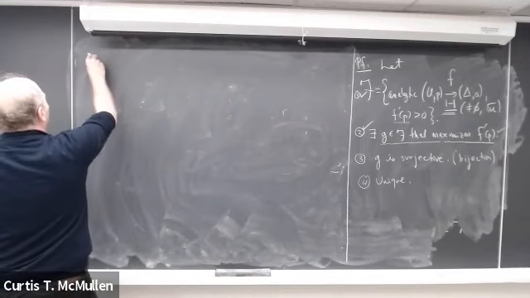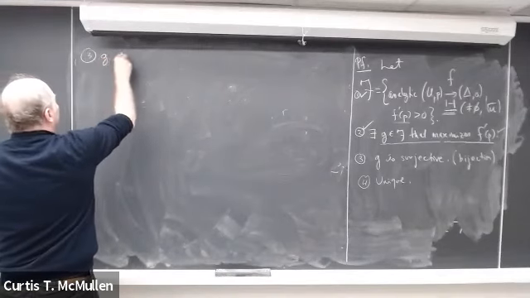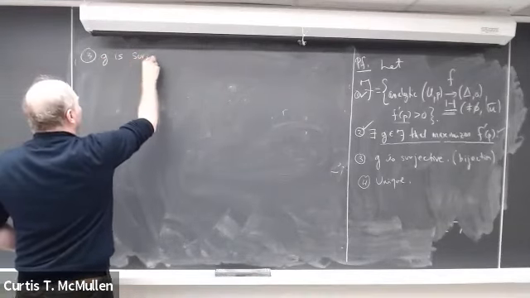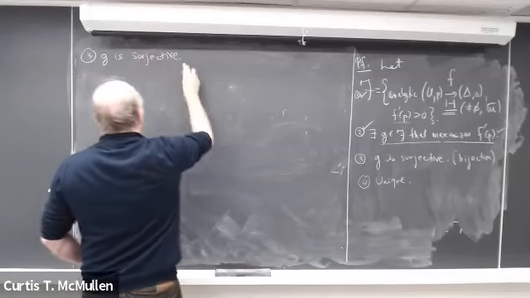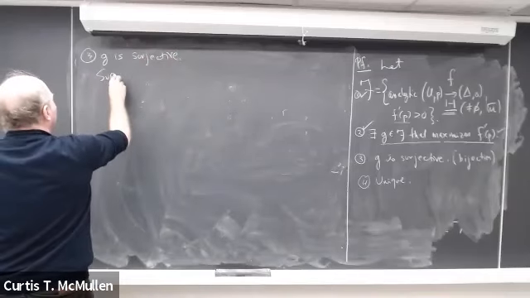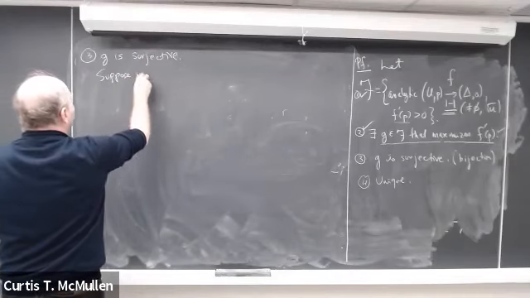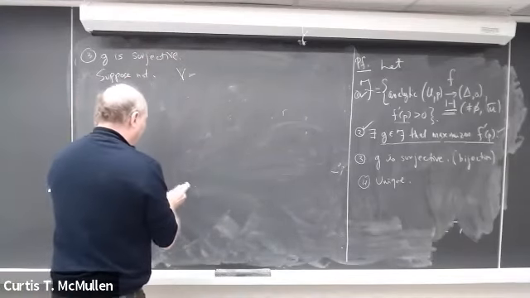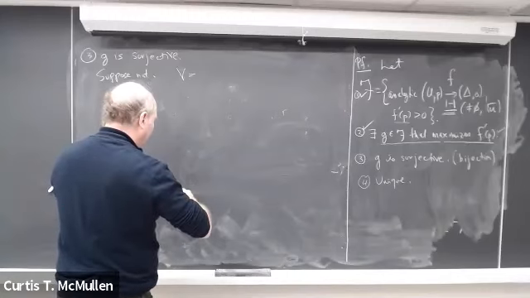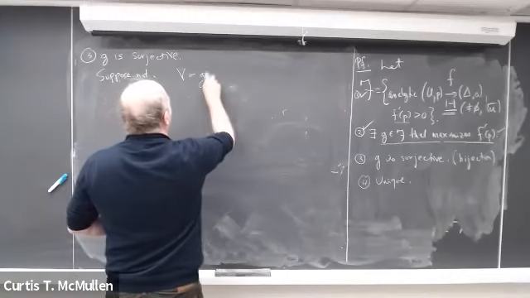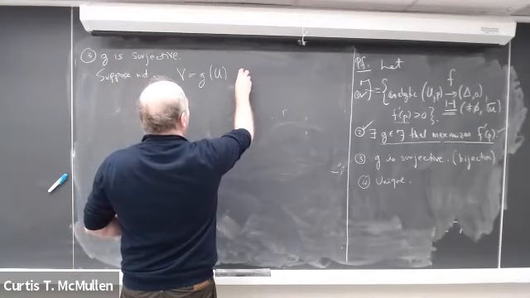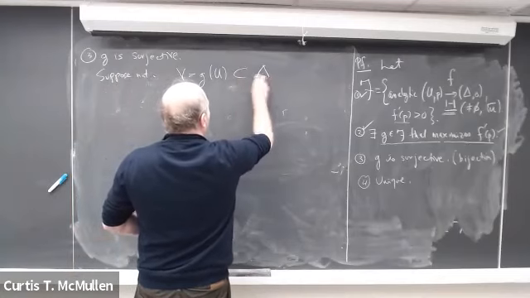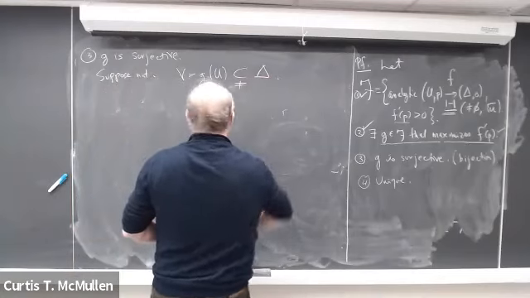Okay, so step 3. G is surjective. So we suppose not. So V, which is the image of U, is contained in the unit disk, but it's not equal to it.